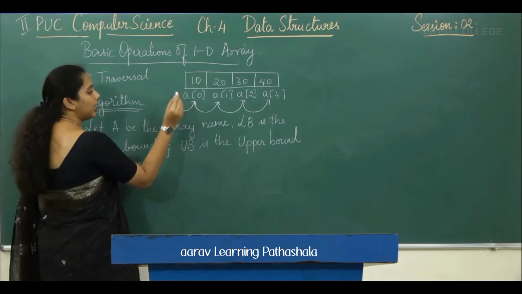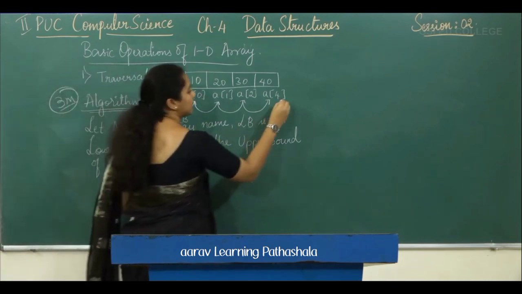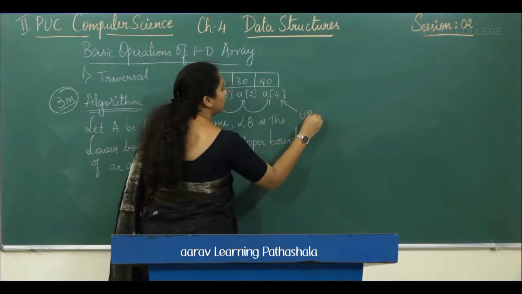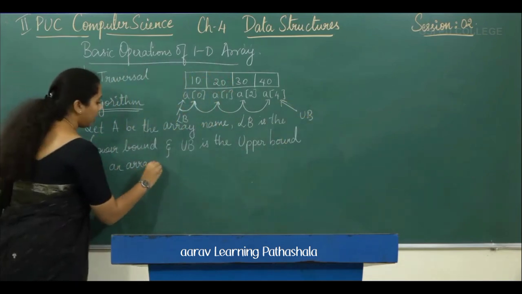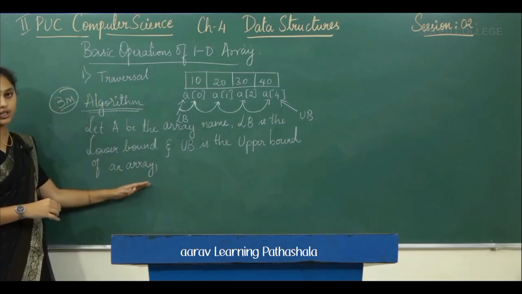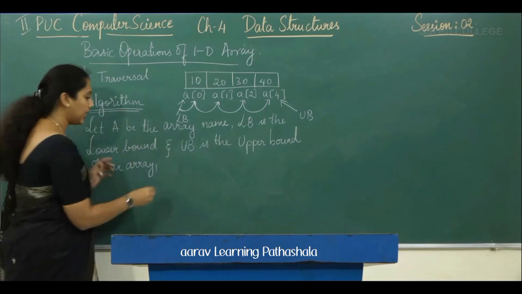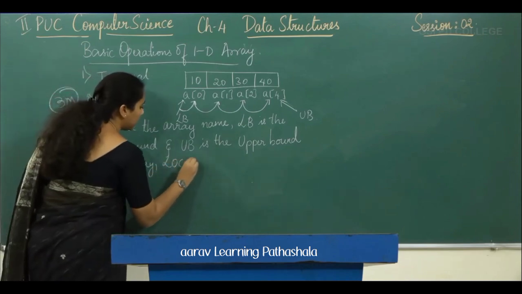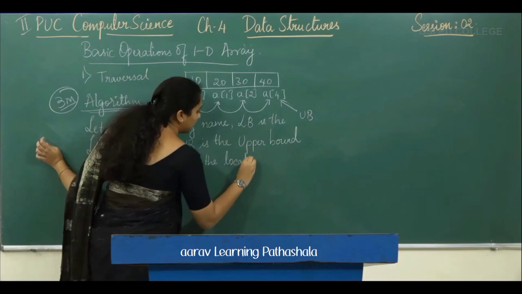See, A is the array name, this is the lower bound and this is the upper bound of an array. And we require location, because we are visiting each location of an element exactly once. So LOC is the location of an element.